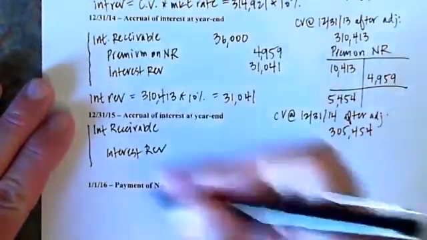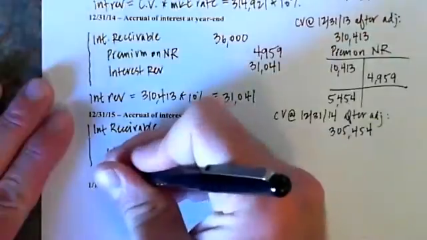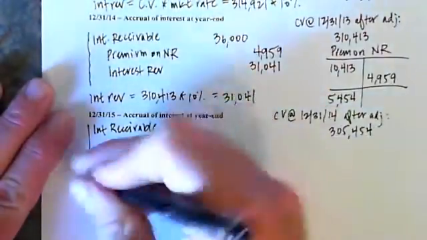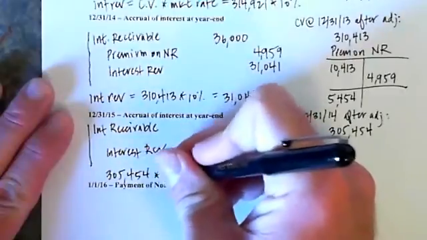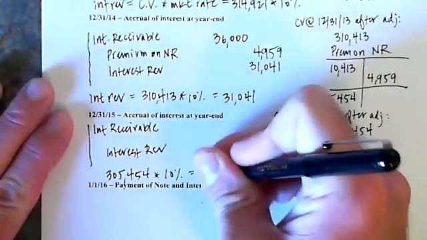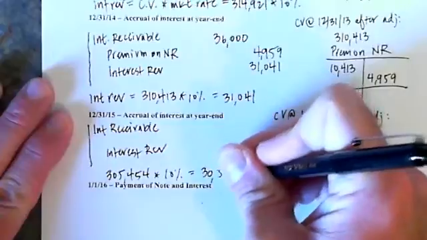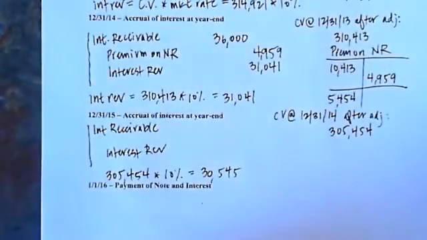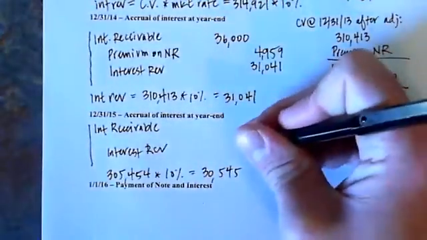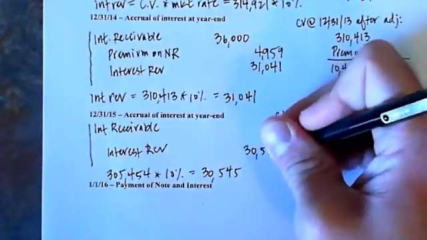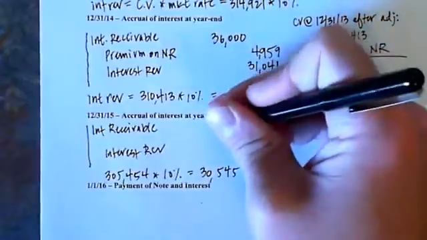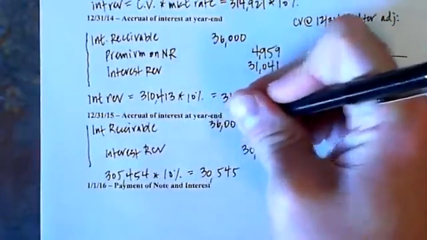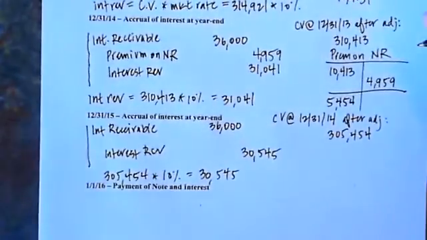Use this updated carrying value to determine interest revenue. That's my new interest revenue. I call it my new interest revenue because it's changed. The interest receivable does not change. Still 36,000.